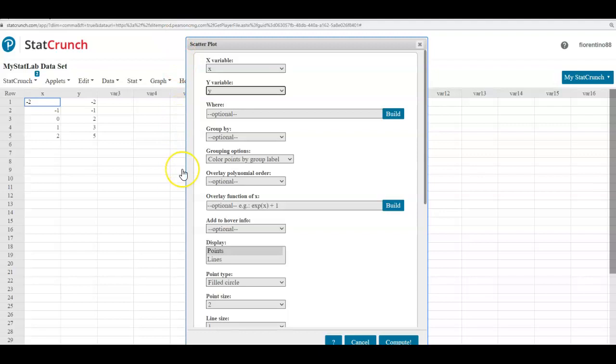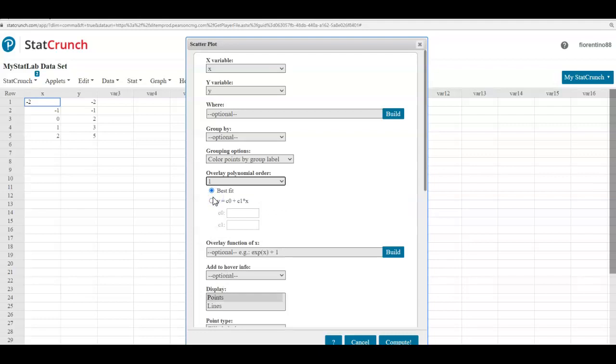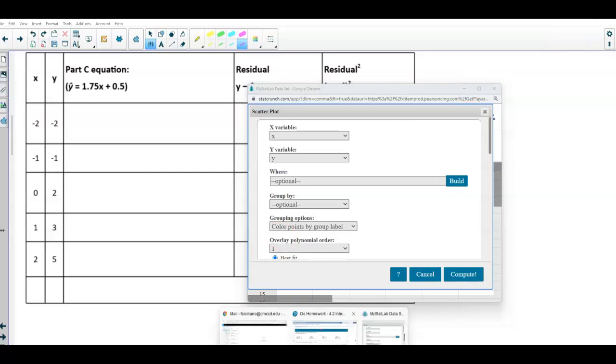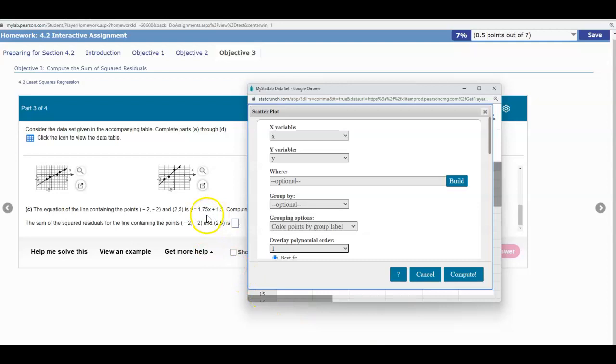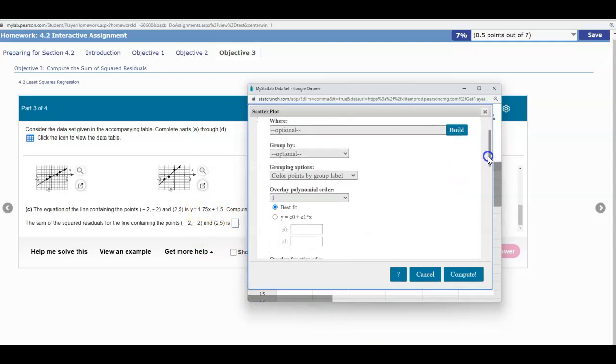Now at this point I'm going to come all the way down to where it says overlay polynomial order, which means I want to plug in the equation that they're asking for in part C. Down here I'm going to select 1 because it's a degree of 1. Now let's take a look at my question. That question has this line, y equals 1.75x plus 1.5.